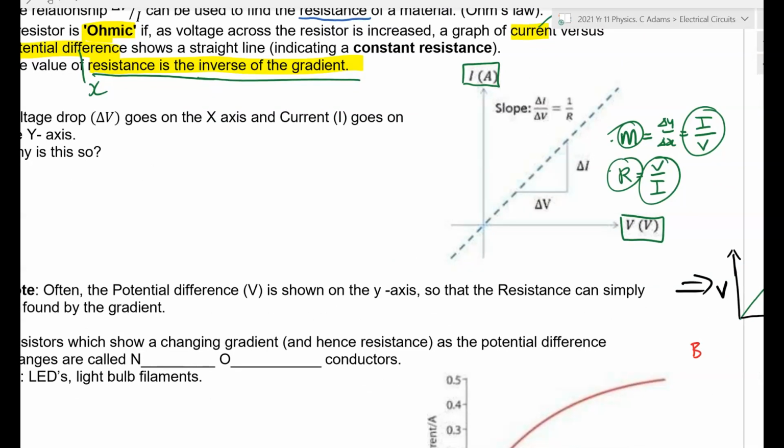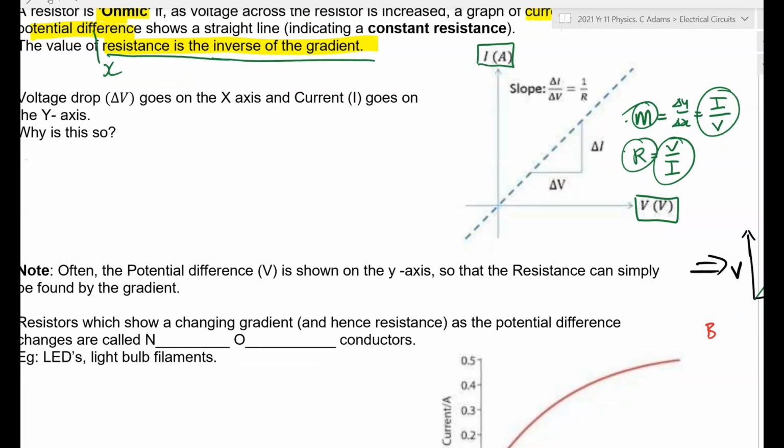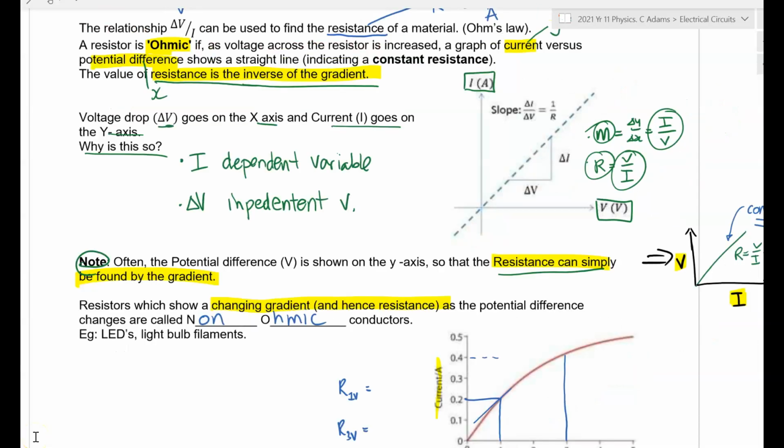A lot of the time, you'll see your voltage on the X and current on the Y, even though the resistance doesn't work out nicely. It's the inverse of the gradient. Why do we think we put current on the Y and voltage on the X? Pause, write down an answer, see what you think. We did it so that, obviously, on the Y-axis is your dependent variable, on your X-axis is your independent variable. And it's not always going to work that way.